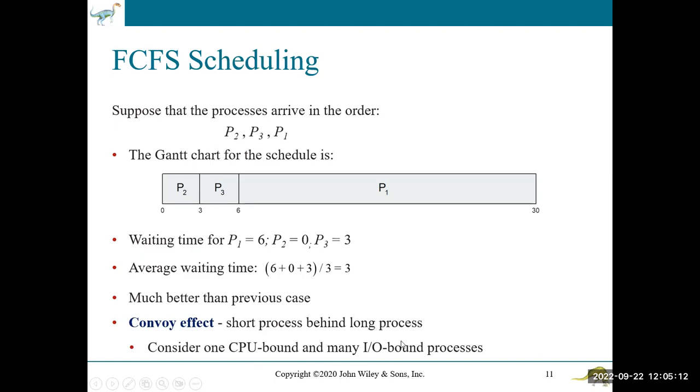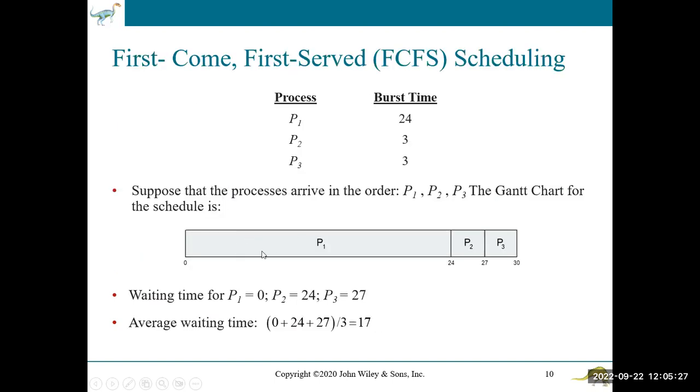CPU bound versus IO bound. P1 can execute after the CPU is finished with P2 and P3. That's a case where it's CPU bound. This is a case where it's IO bound, meaning the total IO for all of these processes is delayed because you have one really long process and the others can't perform their IO until you wait for it all the way to 24.